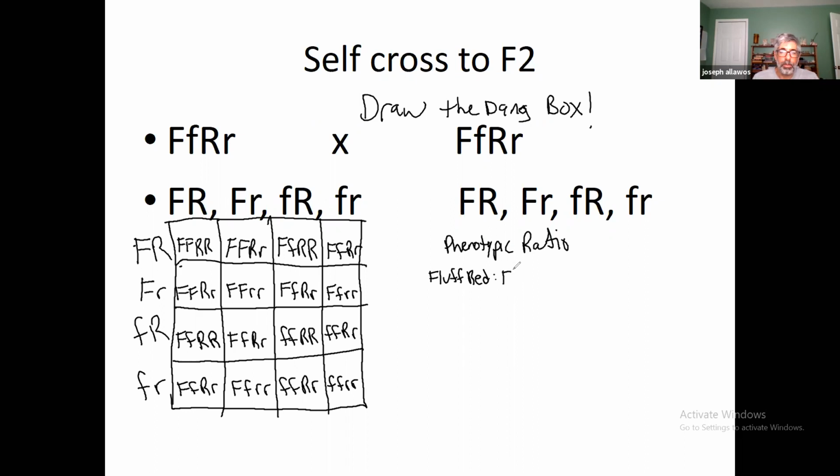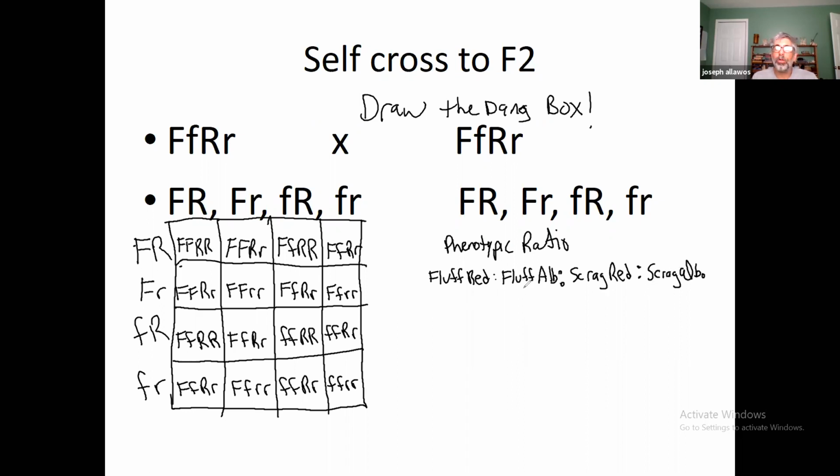You could expect probably some fluffy albinos. You could expect some scraggly red ones. And you could expect maybe some scraggly albinos. Now look at these and tell yourself, these are literally the only 4 ways that the squirrel can look. It's either going to be fluffy red, fluffy albino, scraggly red, or scraggly albino.